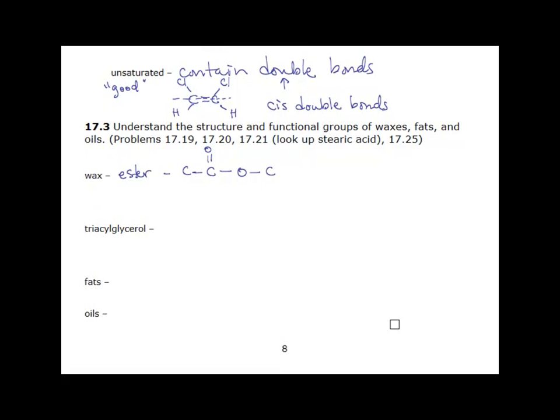Now with the wax, we're talking about a lot of carbons. The way you make a wax, or the way you make an ester, think, how do you make esters? So remember, it's a dehydration reaction, so you produce water. So it's a carboxylic acid plus an alcohol.